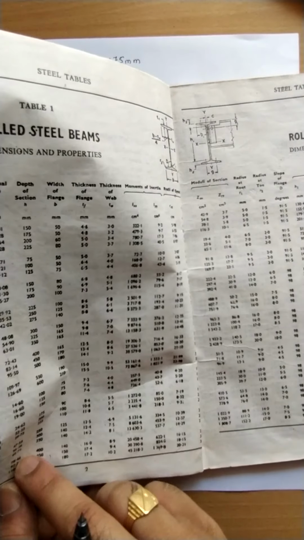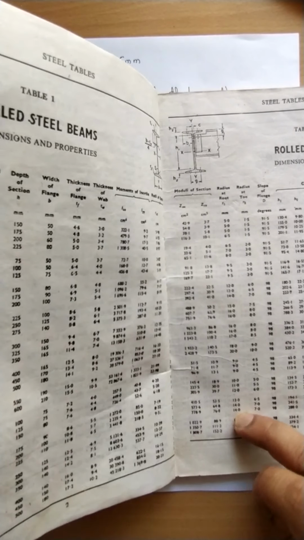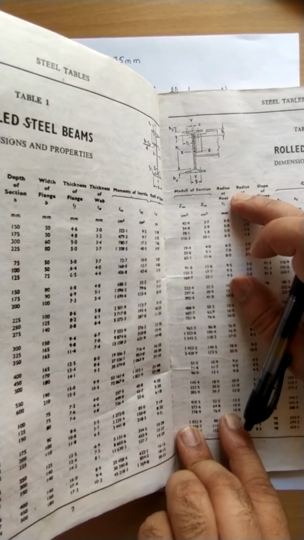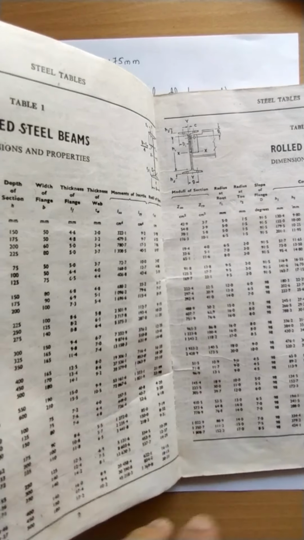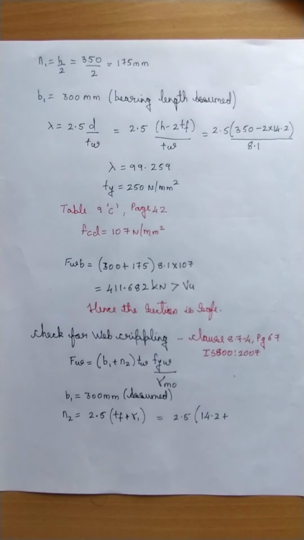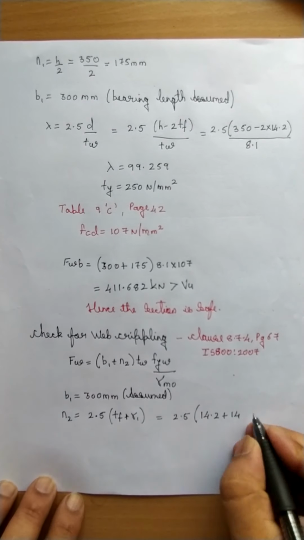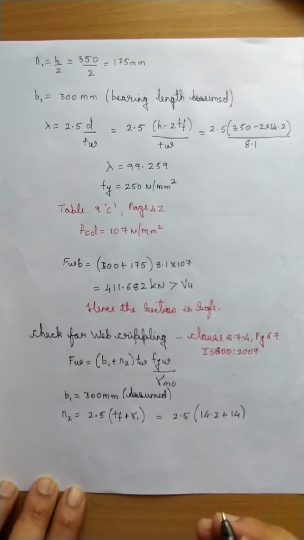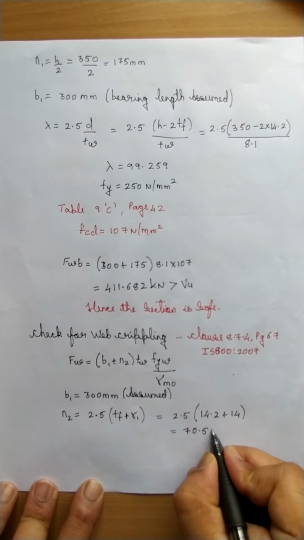So go on searching for root radius. You will come across here and you will come to know that here it is root radius, radius at root R1. So it is 14 mm, from the steel table. So R1 is 14 mm. How much does it work out? 70.5 mm.